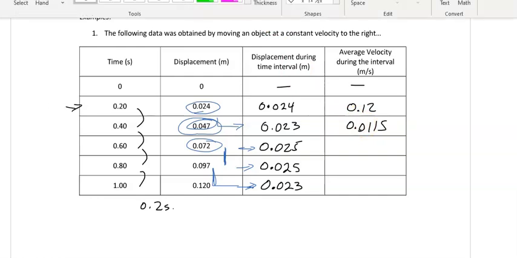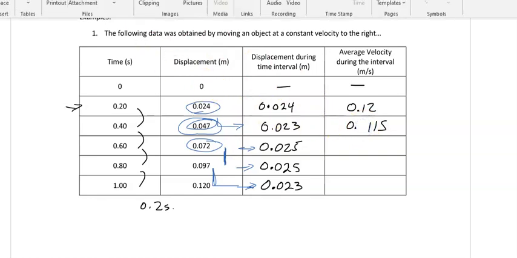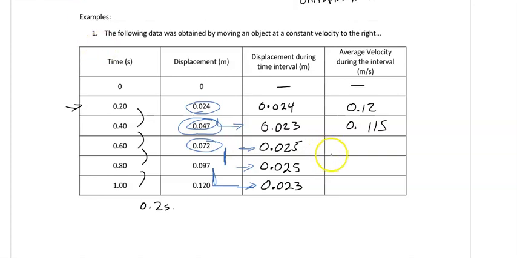Let me just grab my eraser. There, 0.115. We got 0.125, 0.125 again, followed by 0.115. Now, in the video, we're going to see this scroll up.